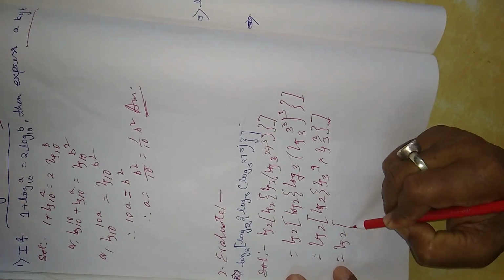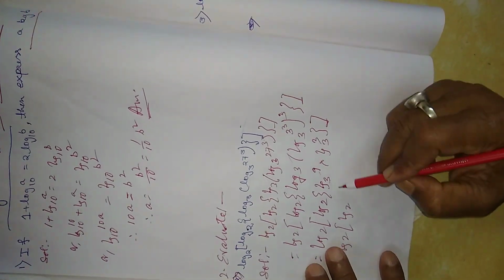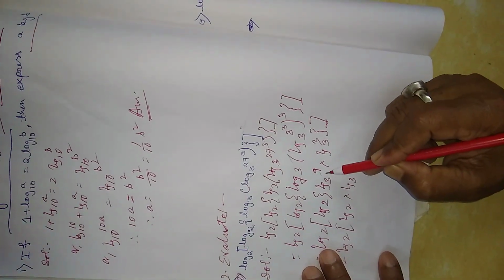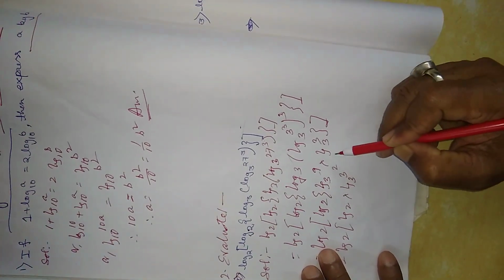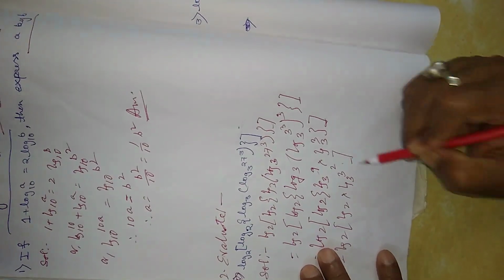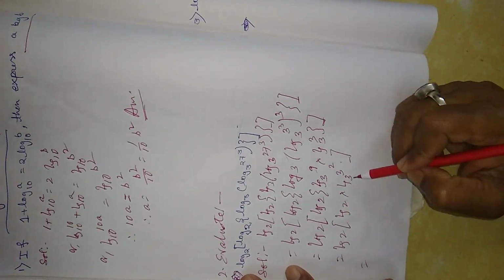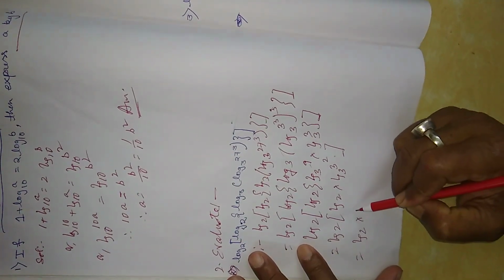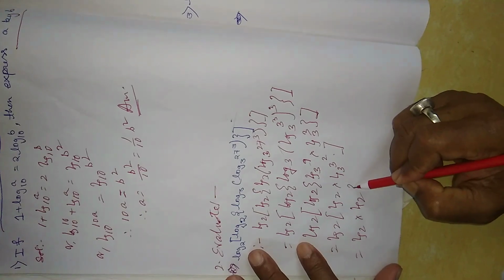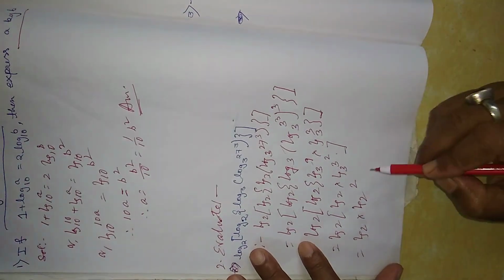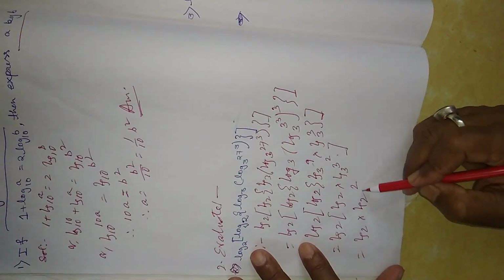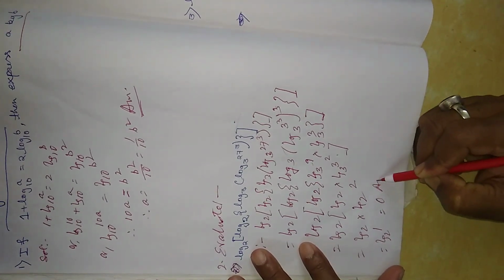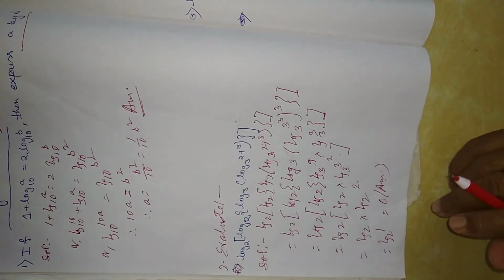Log 2 of log 2 into log 3 to the base 3 square, and that is 1. So log 3 to the base 3 is 1, log 2 into log 2 to the base 2, that is 1, log 1 equals 0. That's your answer.